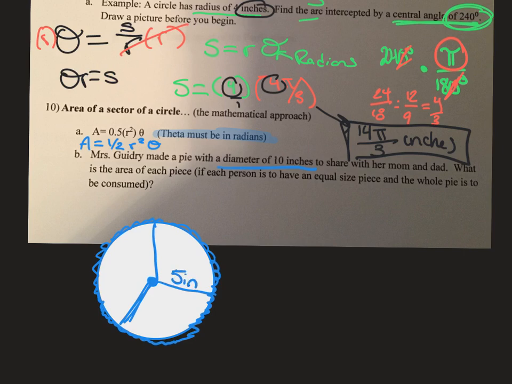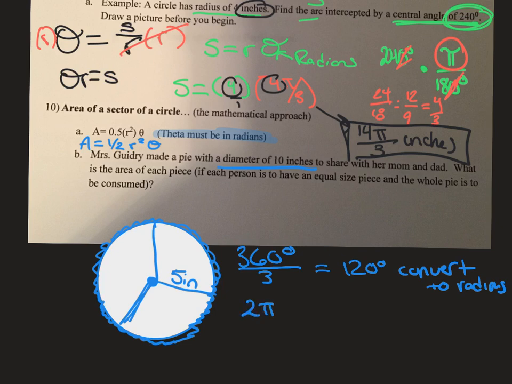And the whole circle is worth 360 degrees, but I've split it over 3 pieces, so that's equal to 120. We also could have, and probably should have, done it the other way. We can convert this to radians, because remember, it has to be in radians. Or we could have said the whole circle in radians is 2 pi, and I'm dividing that into 3, so this is my theta in radians.